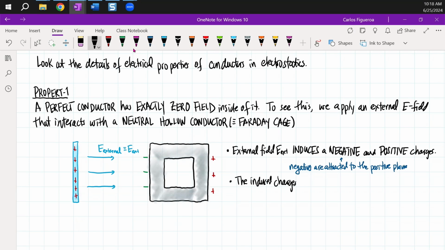The induced charges continue to build up. As they continue to build up, I'm seeing more negative charges coming in, leaving the positive charge at a higher charge density at the surface. They continue to build up and create charge separation.